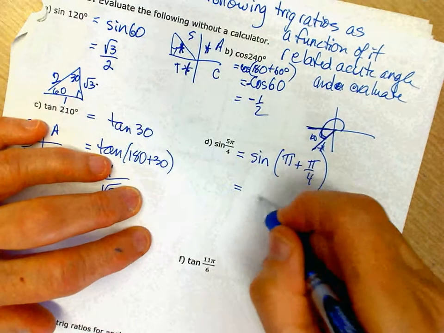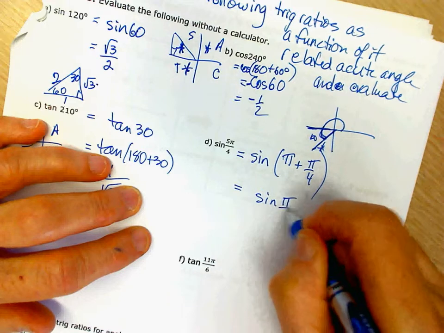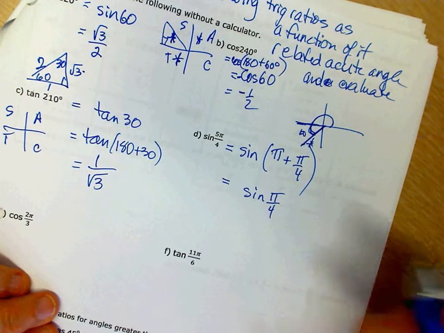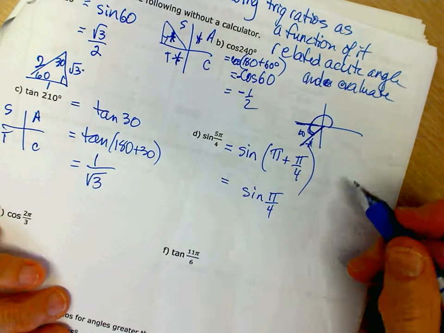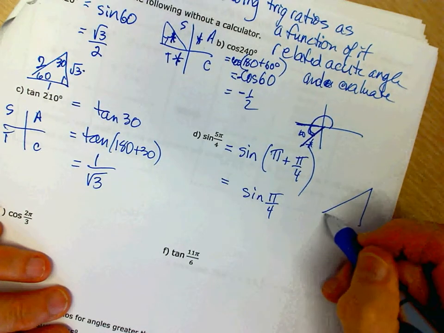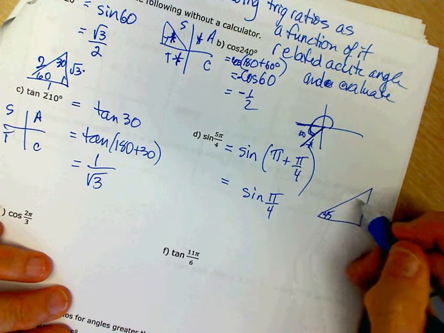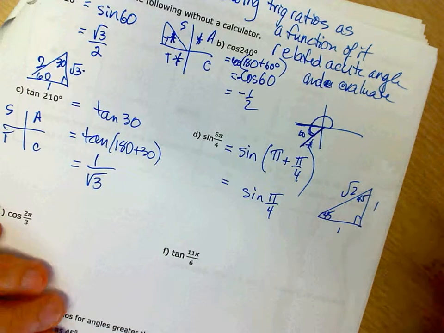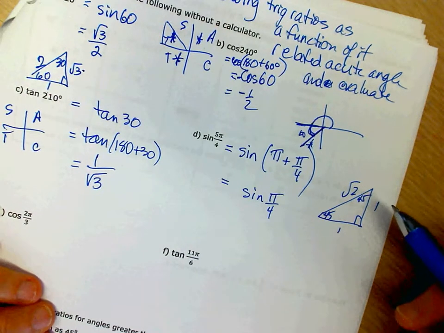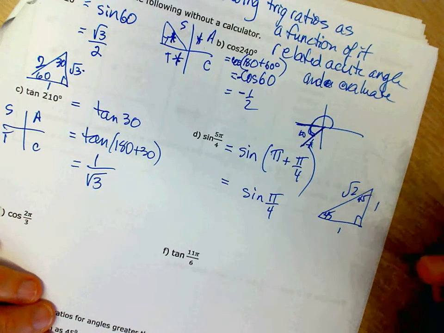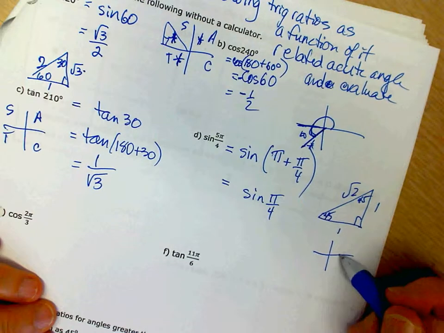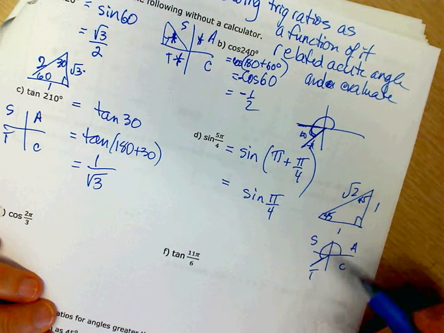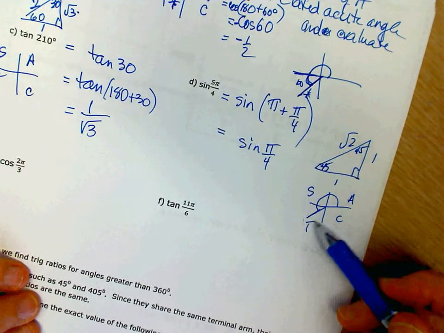So we need the 45 degree triangle, because pi by 4 is 45 degrees. 1, 1, right? 5 pi by 4 ends up here. CAST: we know tan is positive, so sine will be? And what's the sine of pi by 4 or 45 degrees?